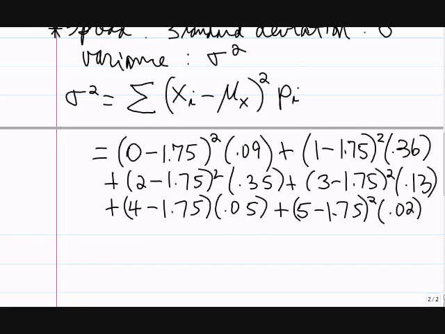Yep. The probabilities are weighting it. All right. I need a calculation for the variance. I can wait.